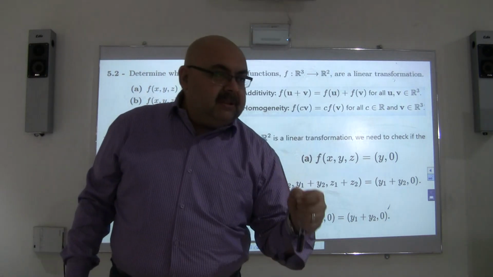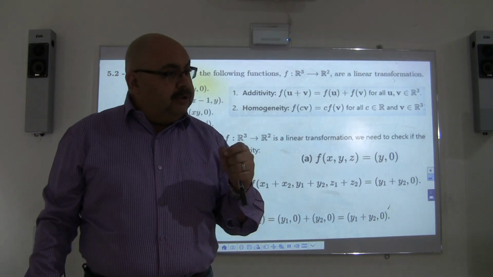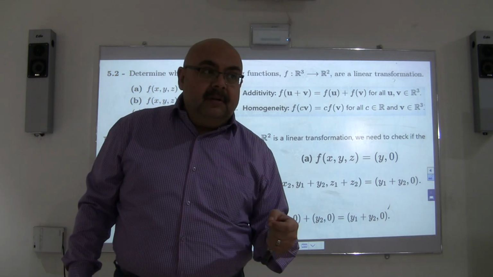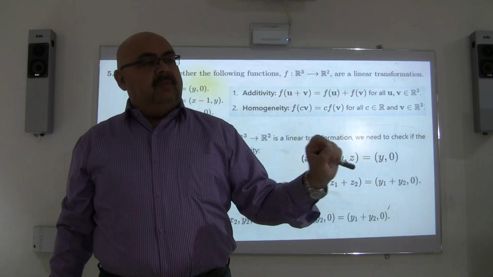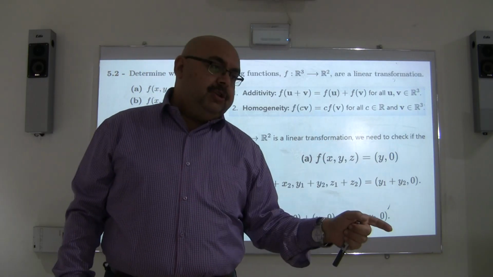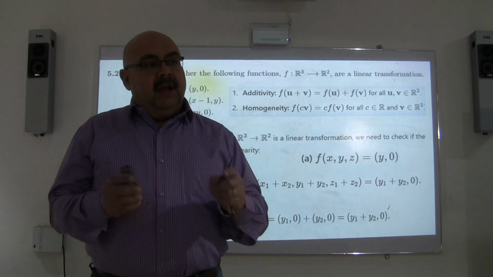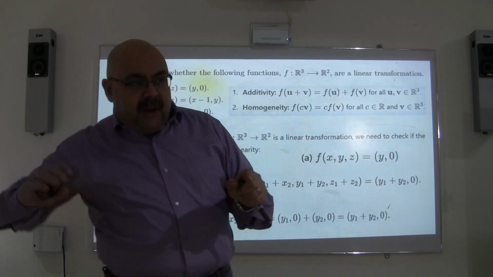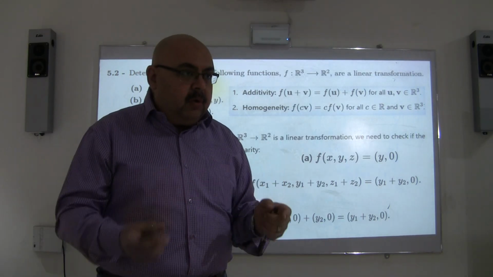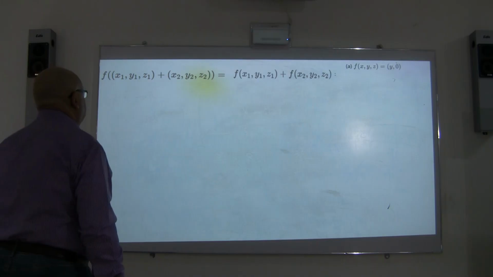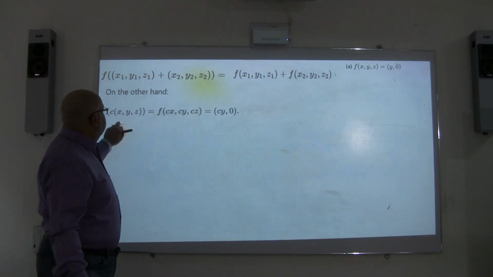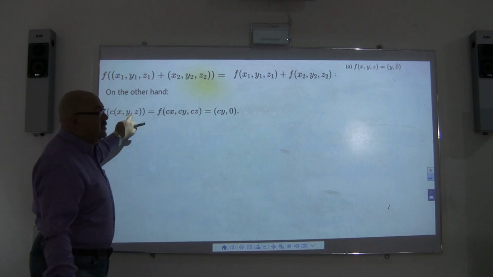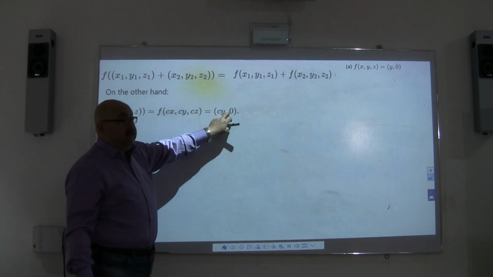Same method exactly. I will do it with the multiplication by scalar. I will start first with x1, y1, z1 times c, and I will see the image. Then I will bring f of x1, y1, z1, then multiply by c, and see if they are equal to each other or not. Once more, this first property holds. Going to the second property, I will multiply c into x, y, and z, so the image will be c y and 0.